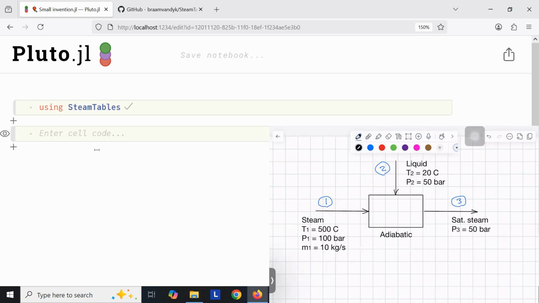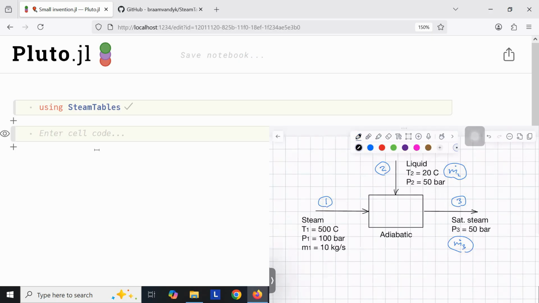So in order to solve this problem, if we want to know the required mass flow rate M2 to satisfy this condition, in this problem M2 is unknown at this point, and M3 is also unknown.